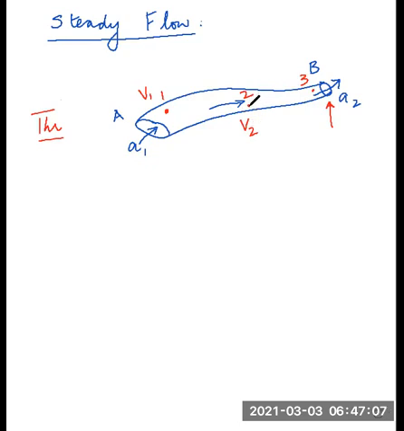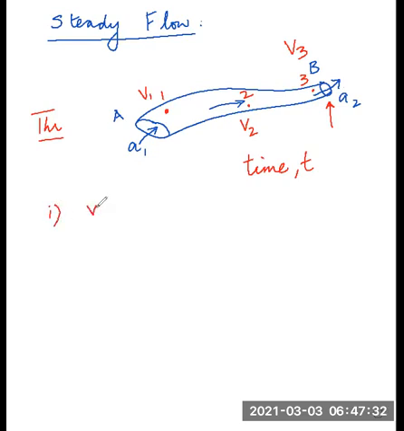Their velocity is not changing with respect to time t. Similarly, all the fluid particles at point 3 also have constant velocity v3 in this time duration. So from this judgment, we understand two things.